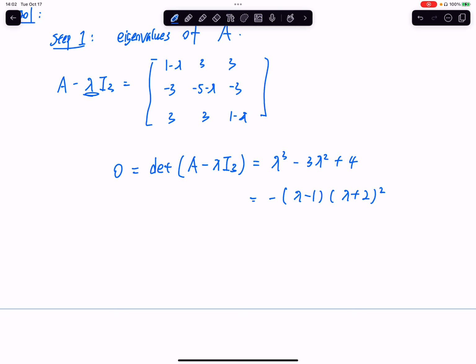So the eigenvalues are lambda equals 1 with multiplicity 1, and lambda equals minus 2 with multiplicity 2.